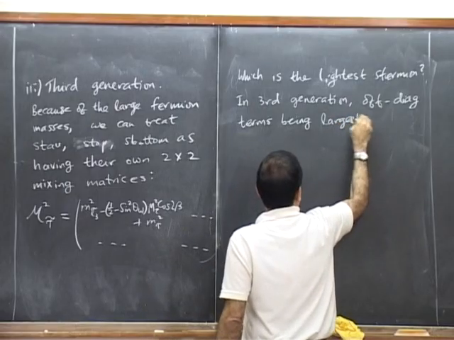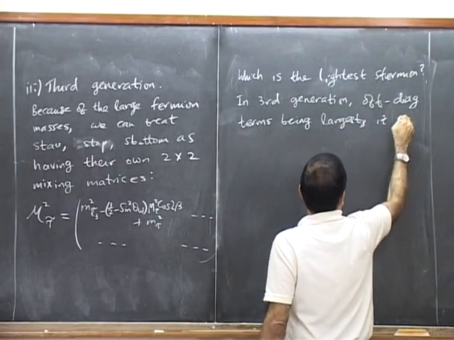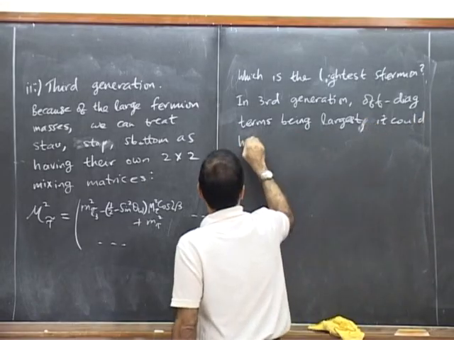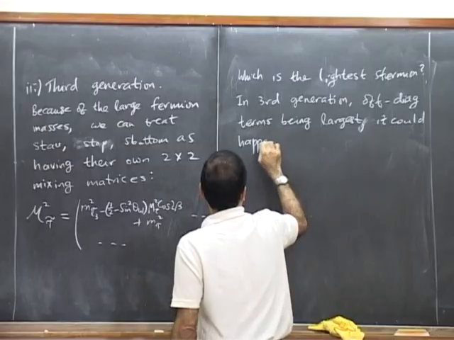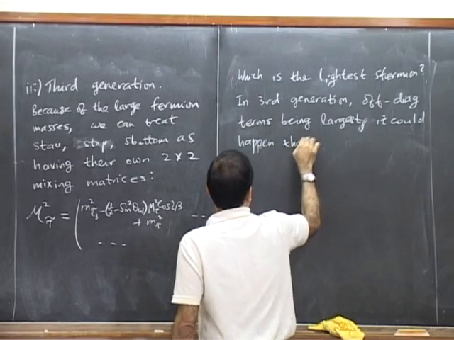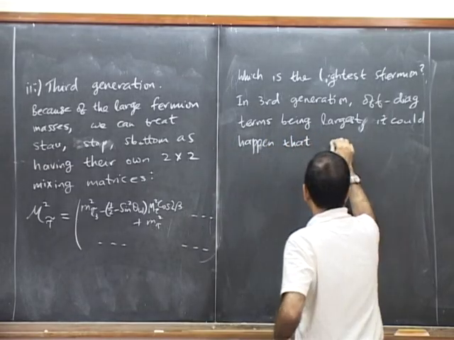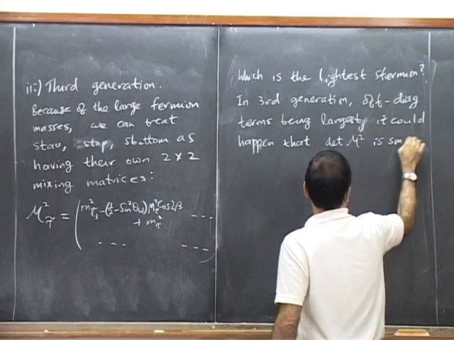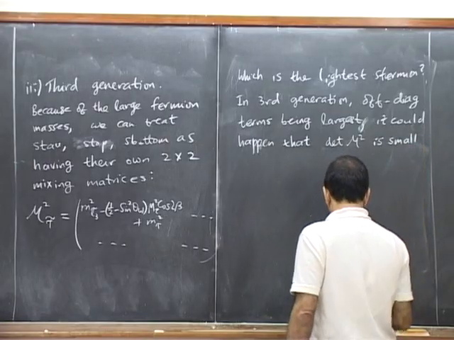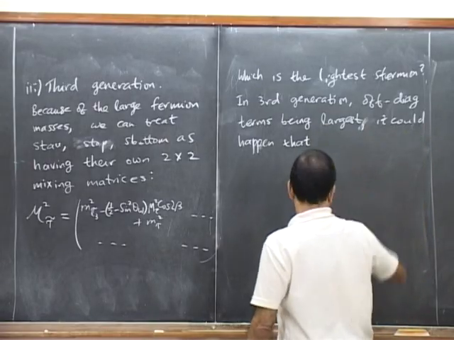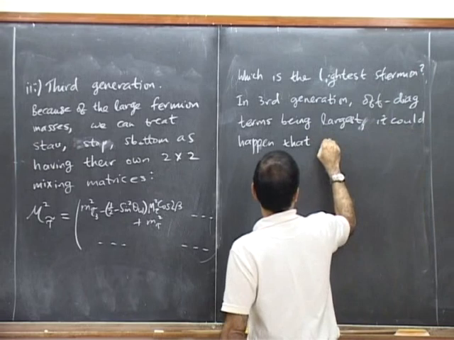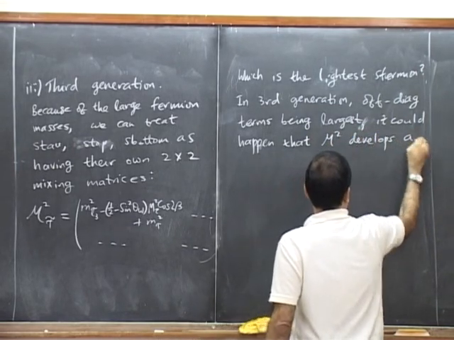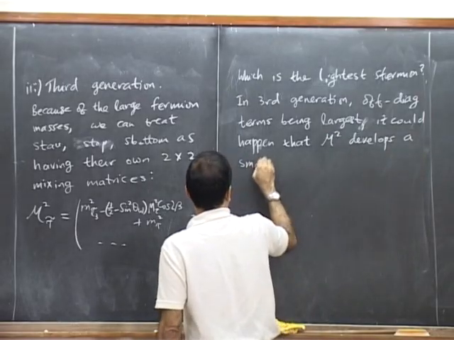It could happen. I don't say it does happen, but it could. That delta square is smallest. Or, well, I don't know, there must be a better way to think of it, but m square develops a small eigenvalue.